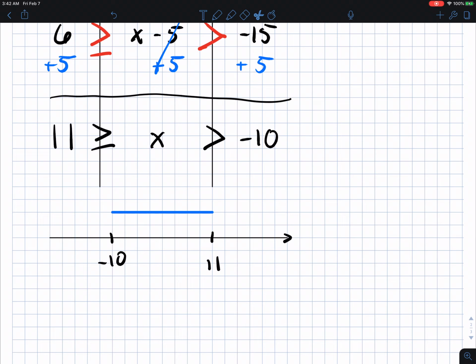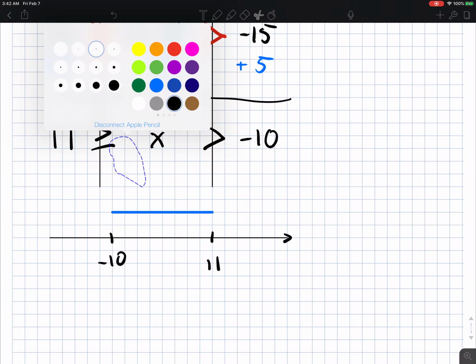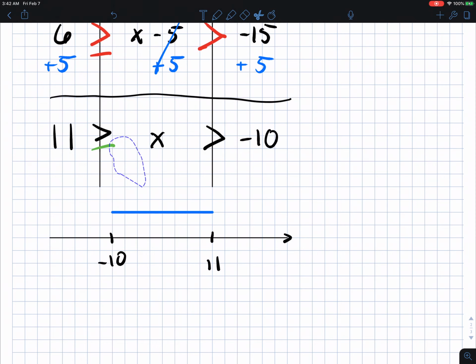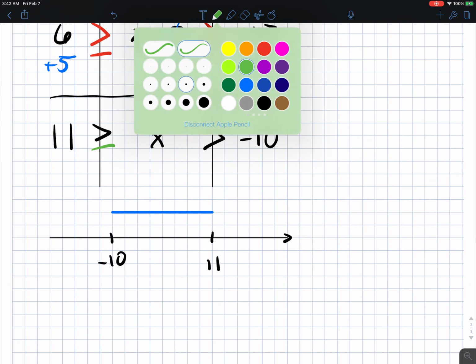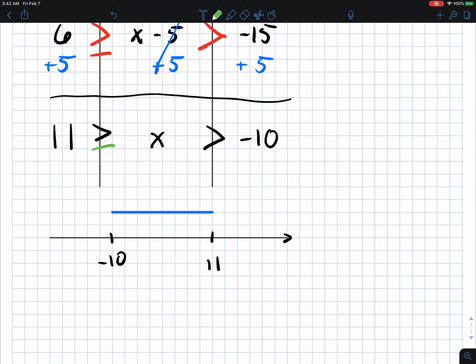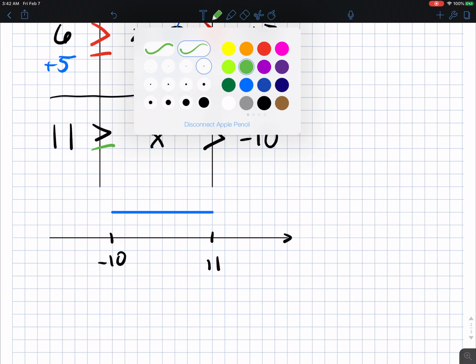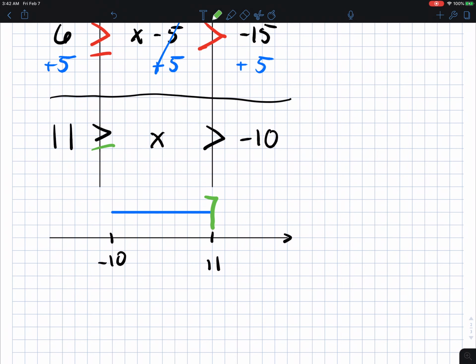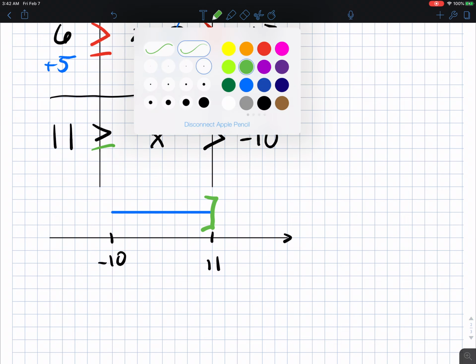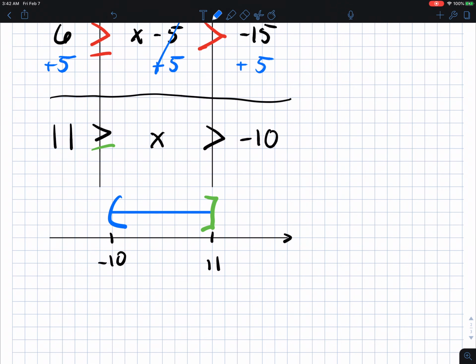And then because the 11 has the bar, because of that green bar that you see there, that means that x can be equal to 11, and since the negative 10 does not have a bar, that one needs to be a parentheses.